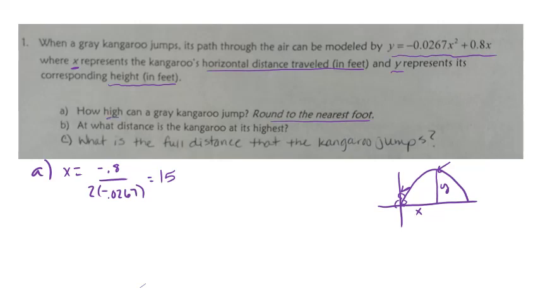My answer is asking how high. This is going to be the horizontal distance, so this would be the x value that we found. We want to find the y value, which says exactly how high this kangaroo is jumping. So all that means is we need to take the function at the x value.